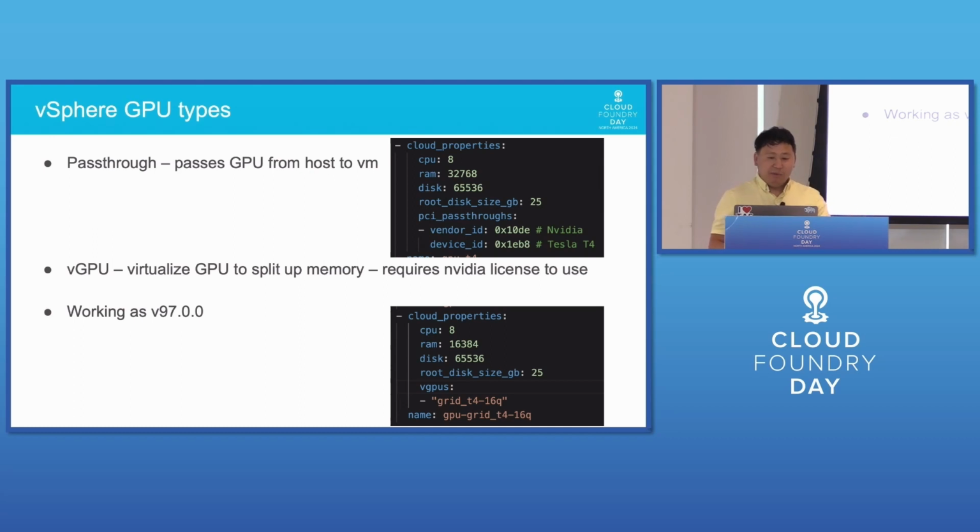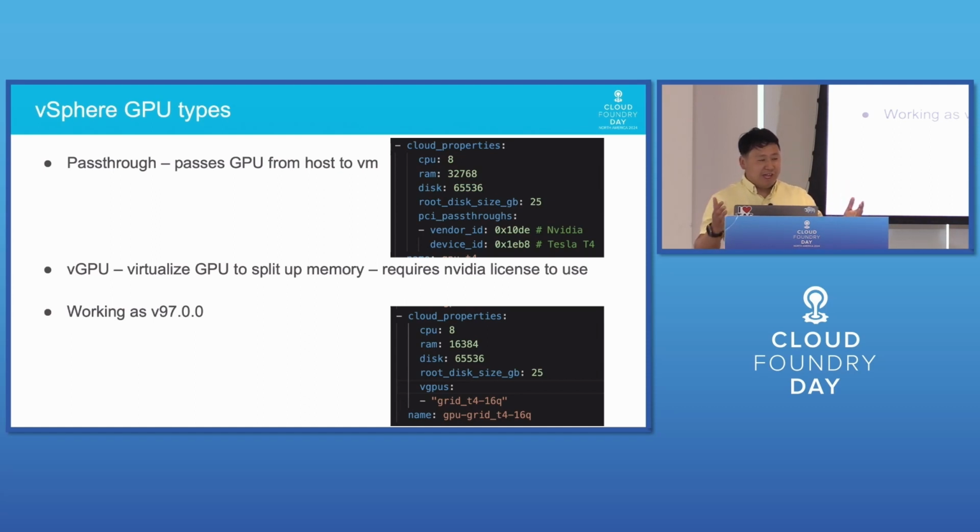vSphere is a little bit more complicated. There are two different ways to run a GPU. One is called pass-through. What we do there is take the GPU that's on the host and pass it to the VM. With that, we have to specify the vendor ID and the device ID, which you can find in vCenter. Then NVIDIA has their own way to split up a GPU.